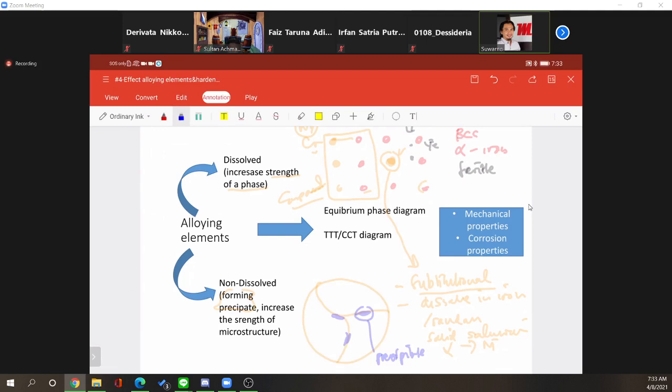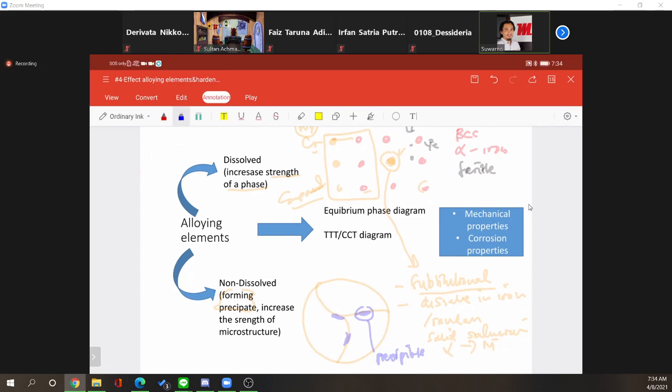If you hinder the dislocation movement, it means you increase the strength of materials. That's the idea behind the strengthening mechanism. The first idea is you dissolve the element, and the second is that either it is dissolved in the phase or it forms precipitate.